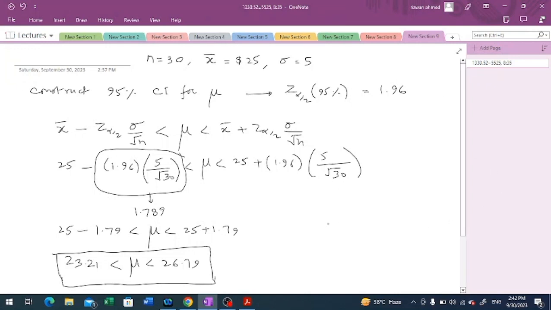So we can state it as, we can be 95% confident that the mean wage of all the people who are living in this town lies between $23.21 and $26.79. This is how we can interpret the answer.